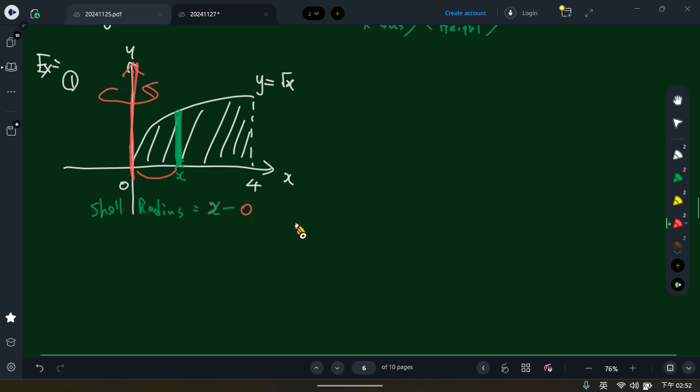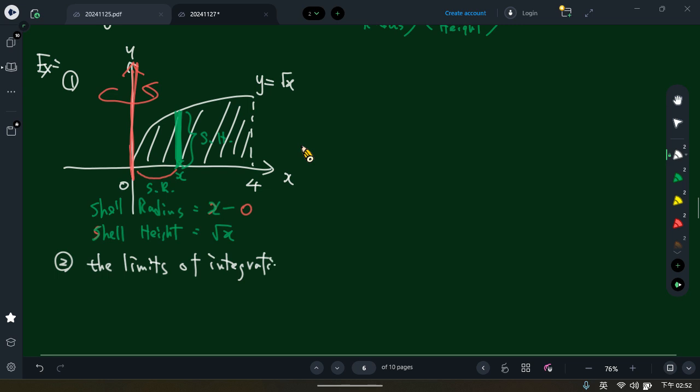Okay? And then shear height. Shear height means for each point, what's the height? So this is the shear height. This is shear radius. So shear height will be square root of x. This is the first step. The second step is to get the limits of integration.